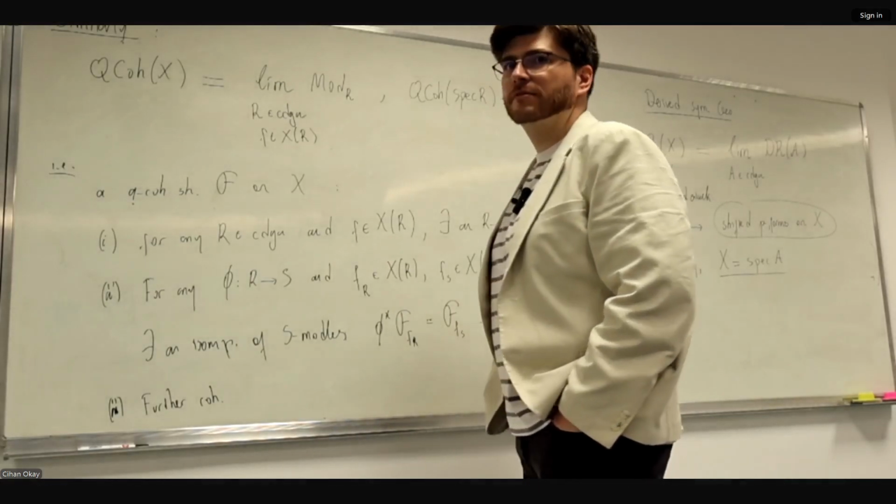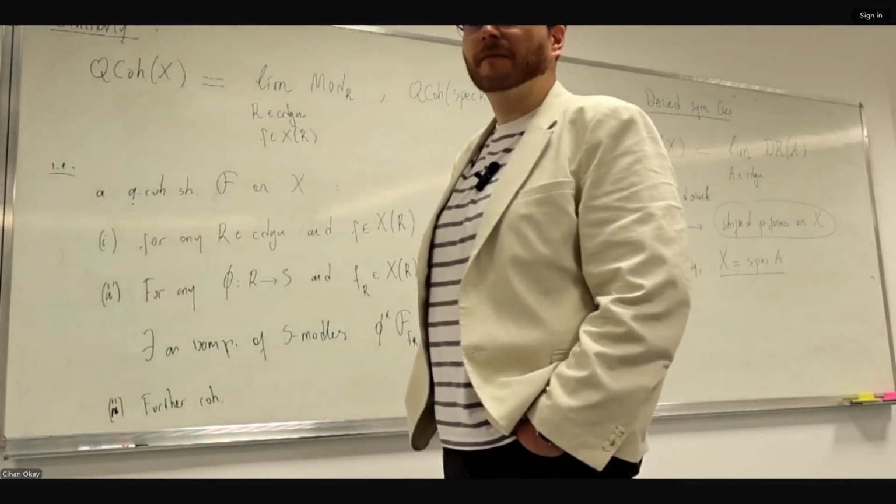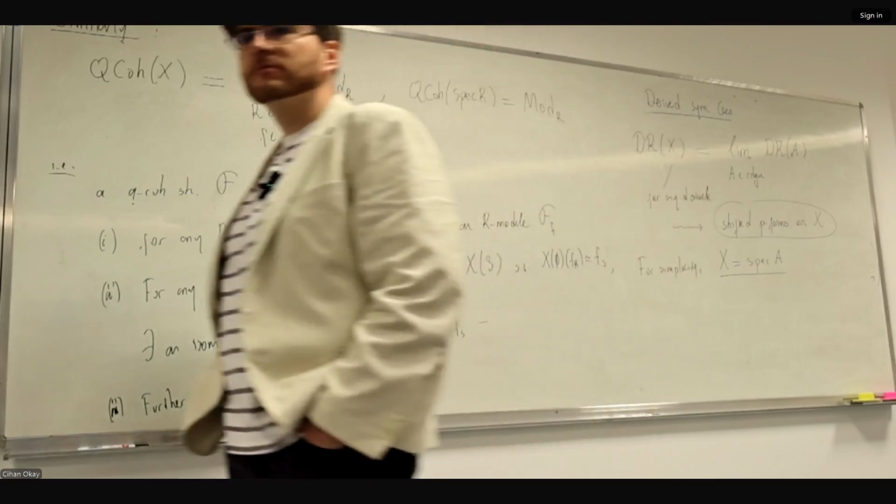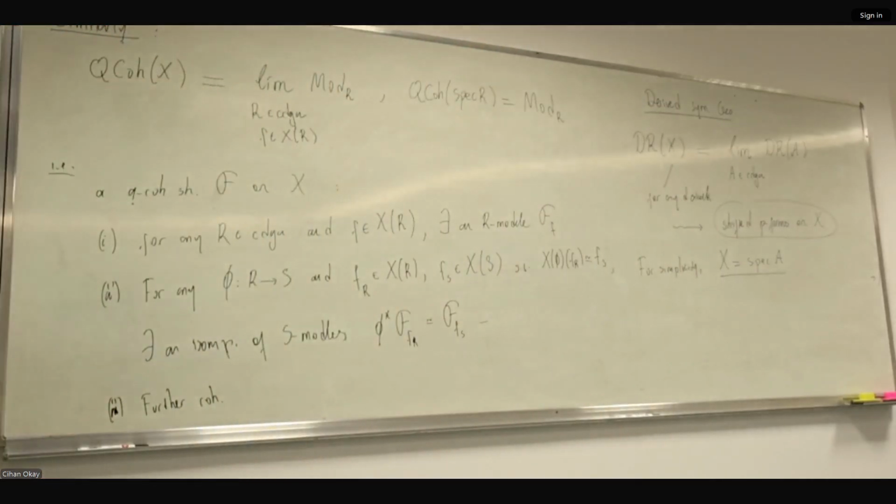Maybe in the trivial case, if you don't have any higher structure, you just have the theory of sheaves in algebraic geometry. And if you want more, locally free sheaves are just vector bundles. Yeah, vector bundles are locally free sheaves.